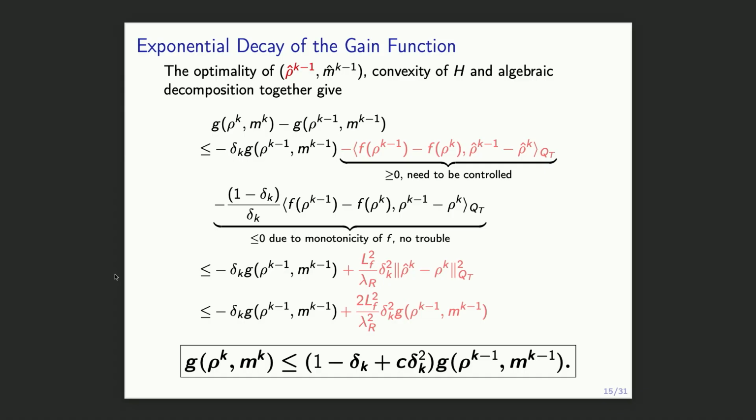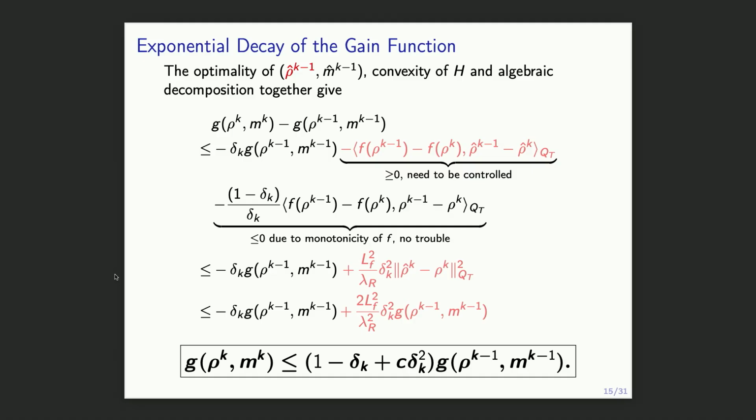And if you look at this, because we showed that if the two inputs are close to each other, the best responses are also close to each other, eventually we will get rho k hat minus 1 and rho k hat. And by the definition, this is proportional to delta k squared of this distance.